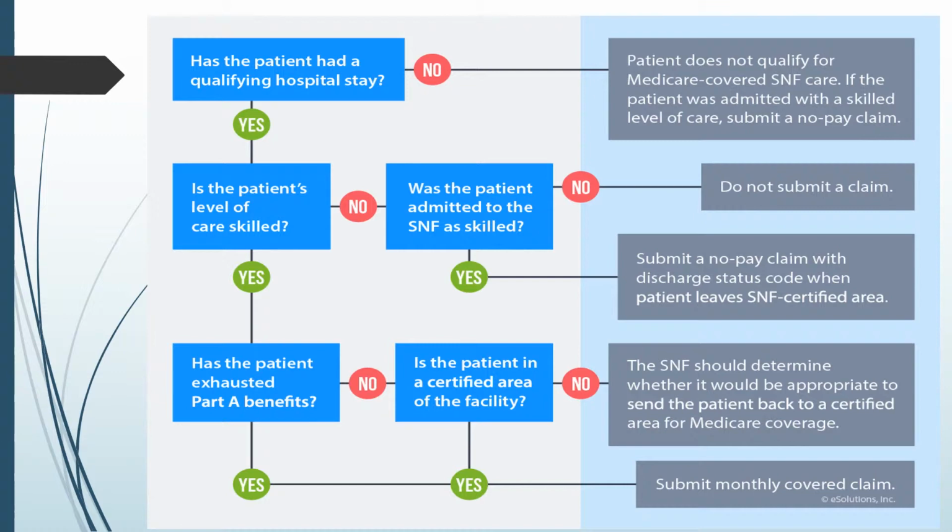And if you were to answer yes to that same question, is the patient's level of care skilled? And if you continue to answer yes, has the patient exhausted Part A benefits? Yes. Is the patient in a certified area of the facility? Yes. Now submit monthly covered claim, which is a great way to move forward.